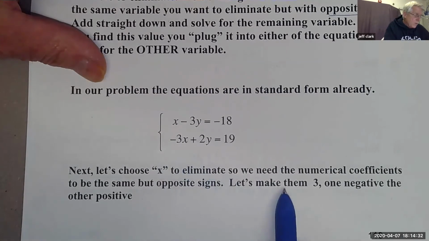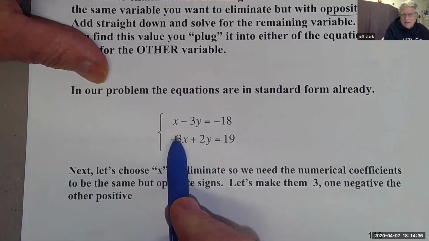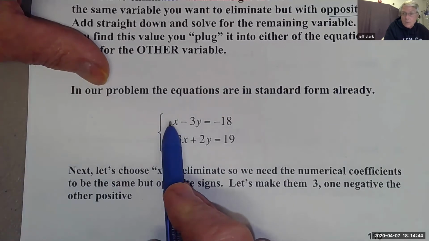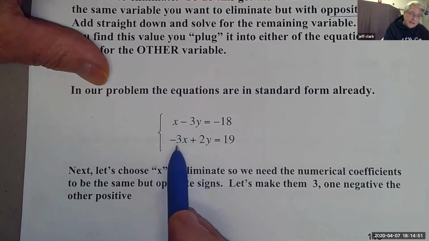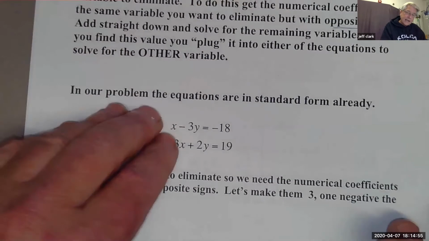So what number would be nice, like a lowest common denominator or a least common multiple, sometimes we say? What number could I use that 3 and 1 will go into evenly? 3. That's the smallest. So this would be nice if this was a +3 and that one's already a -3. On the next page, you're going to see how I'm going to do that.